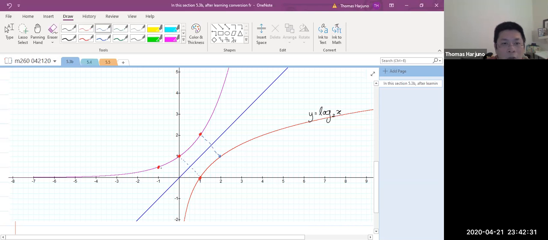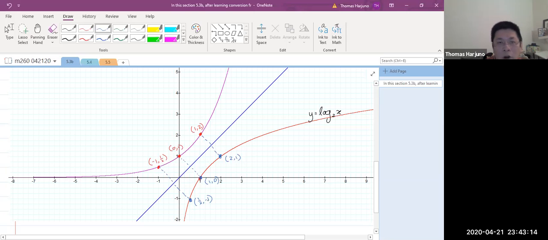And then (-1, 1/2) being reflected becomes (1/2, -1). So this is (0, 1), (1, 2) because the base is 2, and then (-1, 1/2). When you reflect that with respect to the x equals y line, it becomes (2, 1), (1, 0), (1/2, -1).